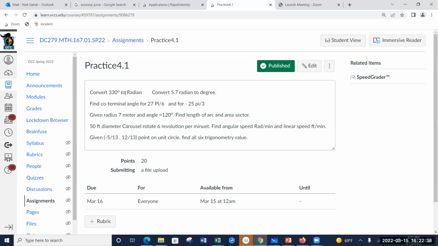So we have 4 problems. Convert 330 to radian, convert 5.7 radian to degree. Also find the coterminal angle for 27 pi over 6 and negative 25 pi over 3. The same thing we just did a minute ago.